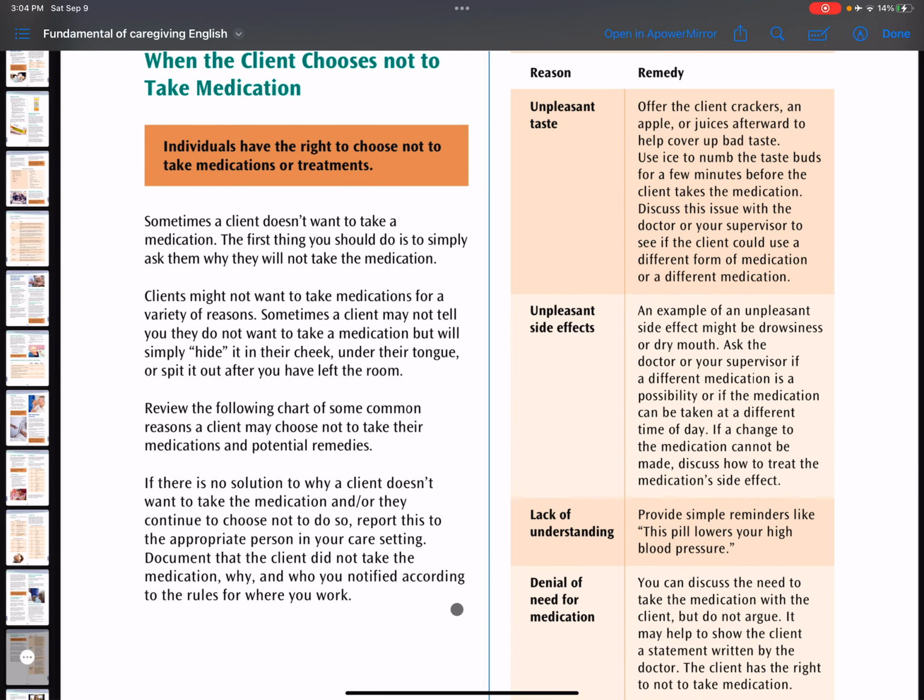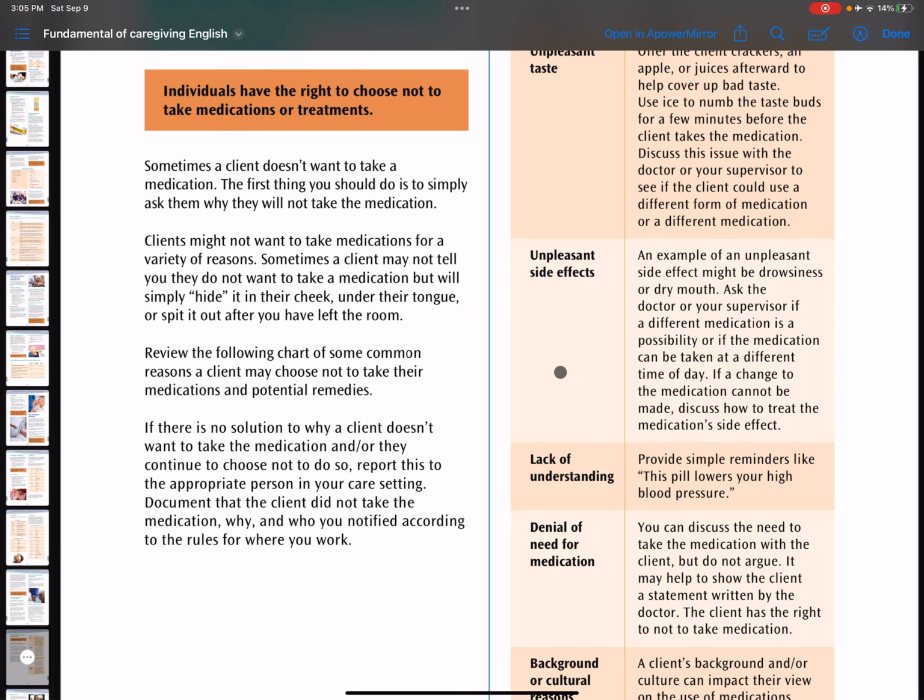If there's no solution to why a client does not want to take medication, then you have to report and document it. But generally, for unpleasant taste, if the medication doesn't taste good, you can offer ice cream or something sweet so they can take it. And if there are unpleasant side effects, maybe you have to talk to the doctor to avoid those unpleasant side effects.